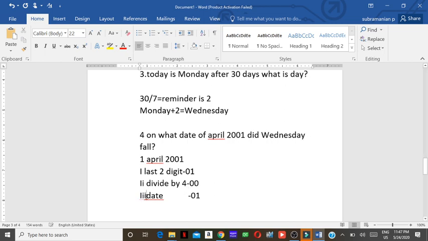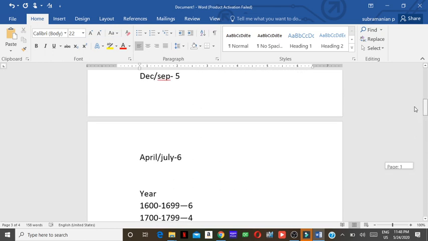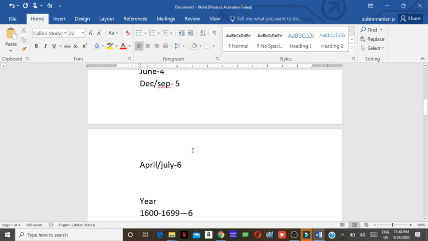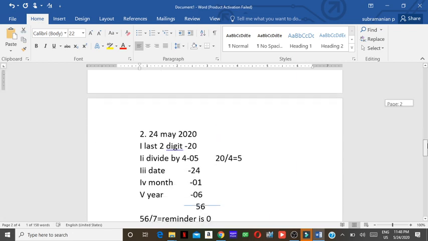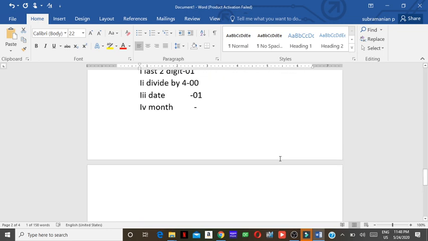The fourth step is the month. You already know the month is April. April is represented as 6, so we have to put 06. The final step is the year.